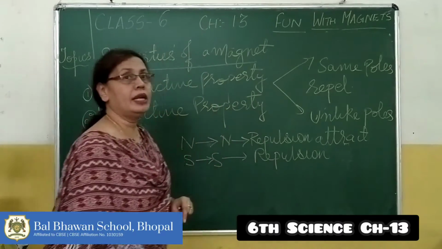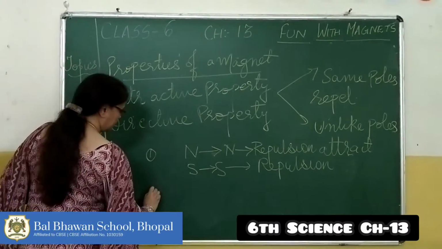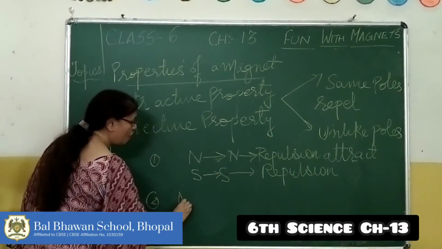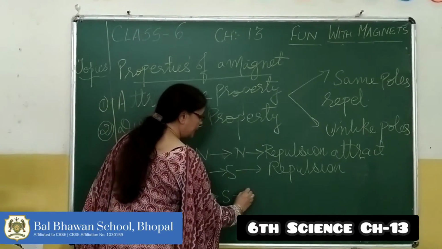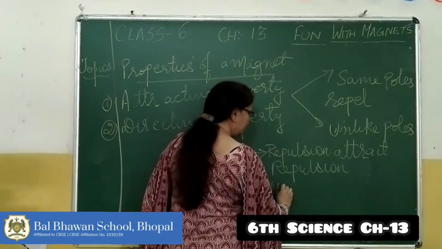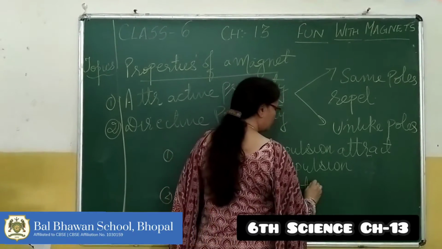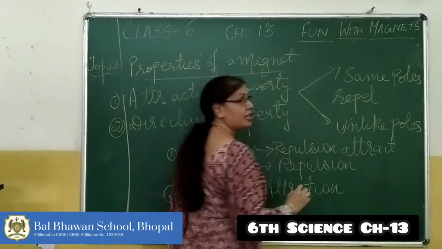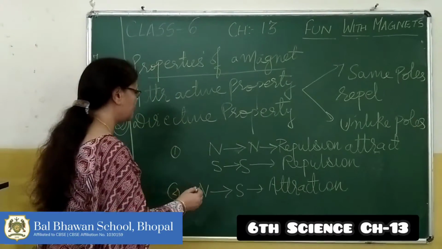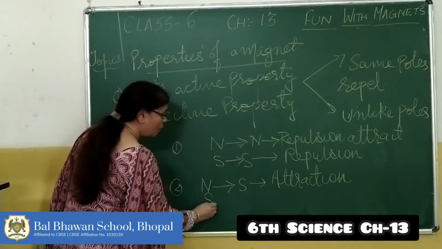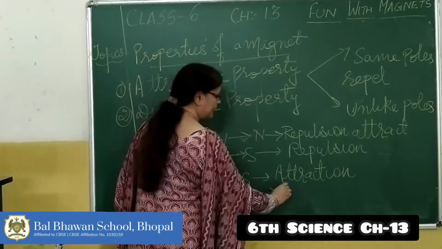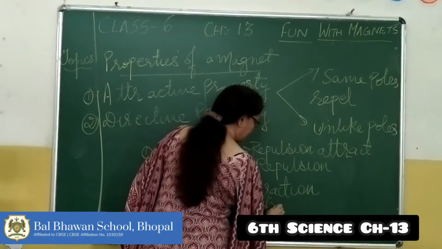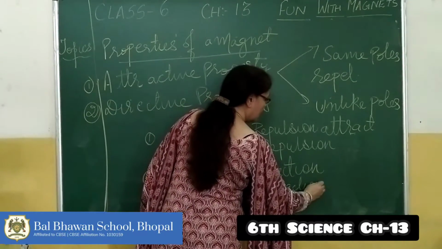Now, on the other hand, if we bring North Pole of one magnet towards South Pole of another magnet, you find that the two magnets attract each other. That is, attraction takes place. Or if you bring South Pole of the first to the North Pole of the next magnet, attraction takes place.